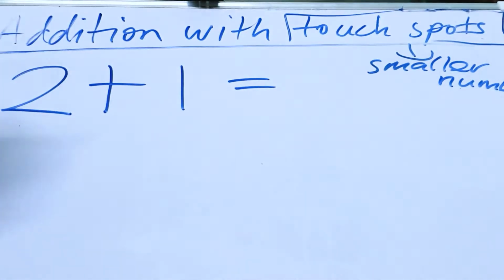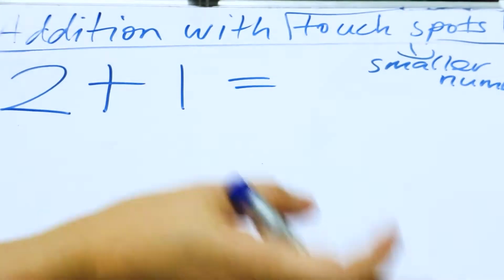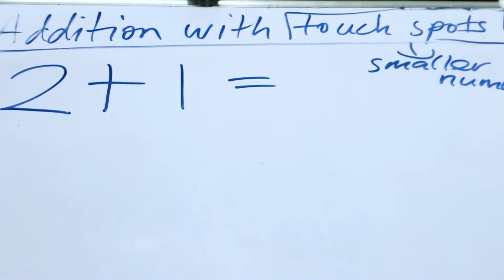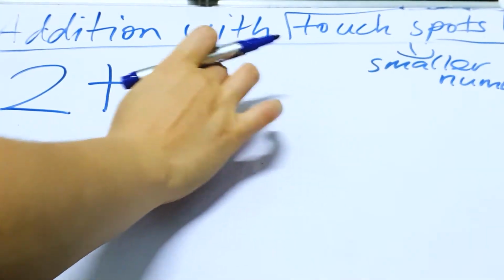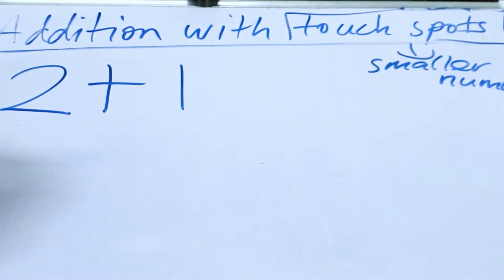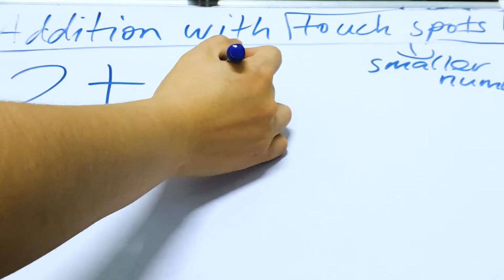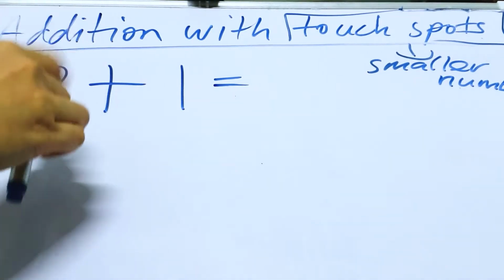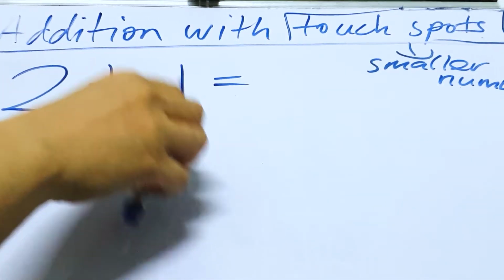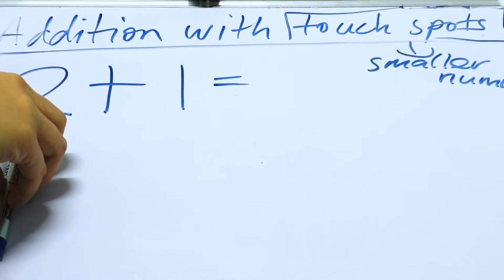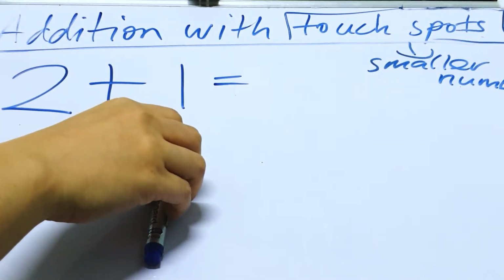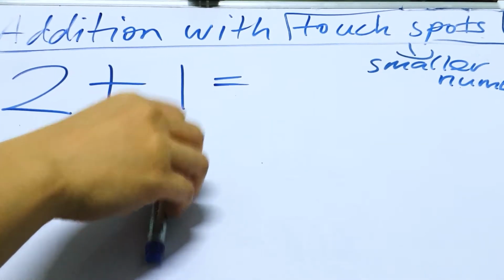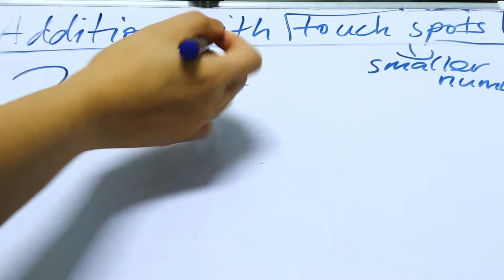If children don't know what a smaller number is, you have to recap the previous video, where I have a topic on smaller number and bigger number. So now, which is the smaller number, 2 or 1? Yes, it's 1. So Touchspot on 1.